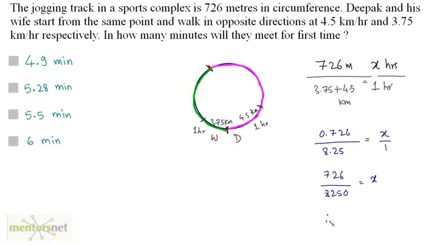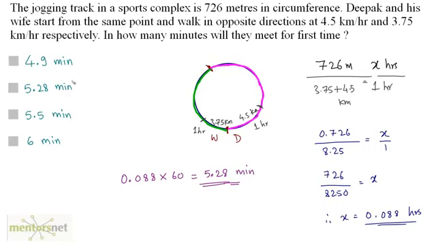When you divide this you'll get 0.088 hours. Now you want this time in minutes, so in order to convert this into minutes you'll have to multiply it by 60 because 1 hour is 60 minutes, and that will come out as 5.28 minutes. So our answer is option B.